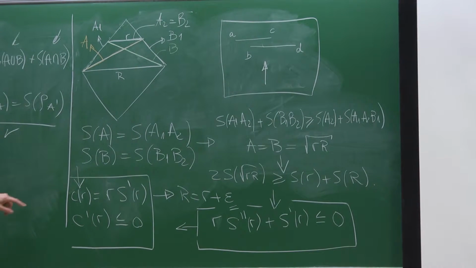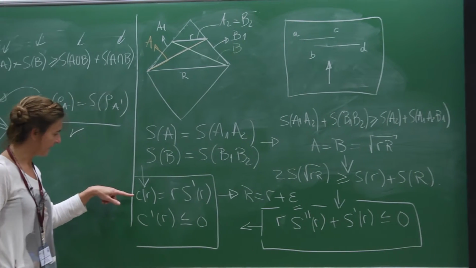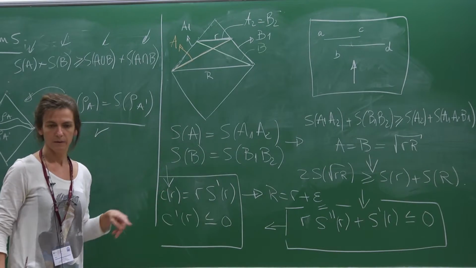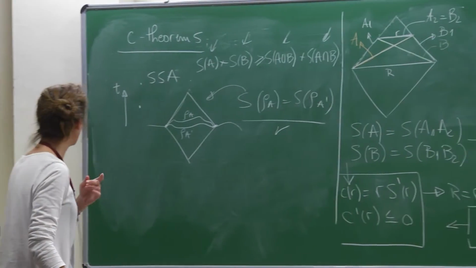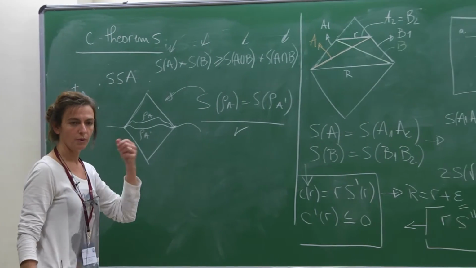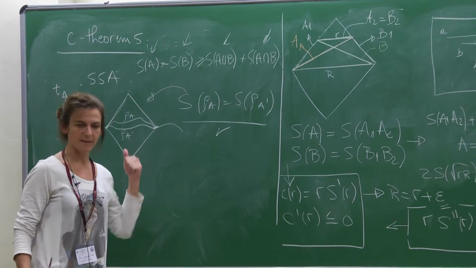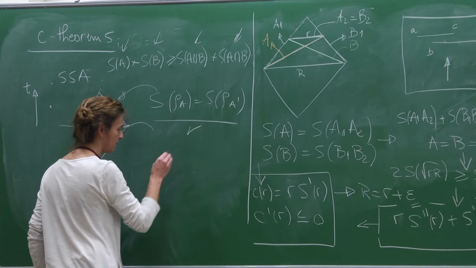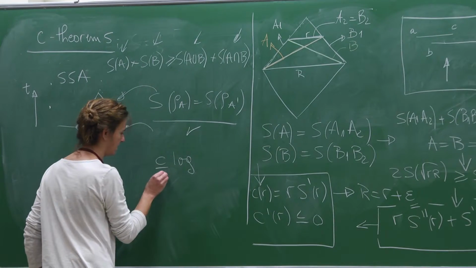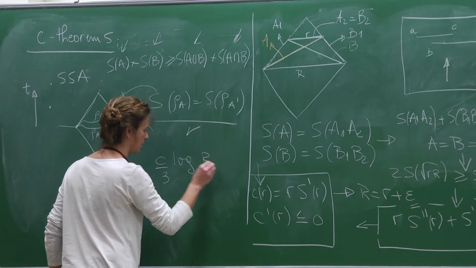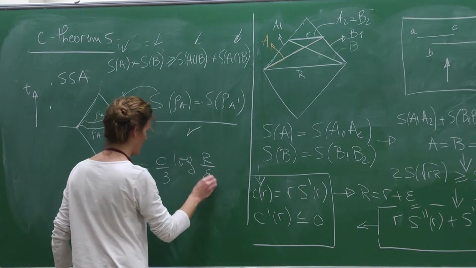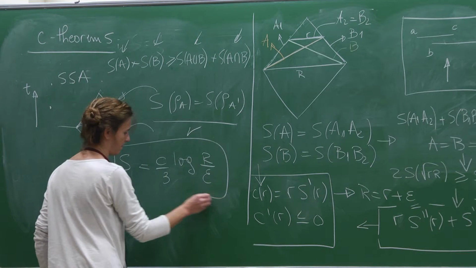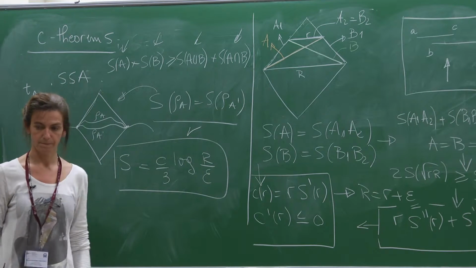This function, again, at the fixed point, is proportional to the Virasoro central charge. Because as I showed you with the fermion example, the result at the conformal point is this. Okay.